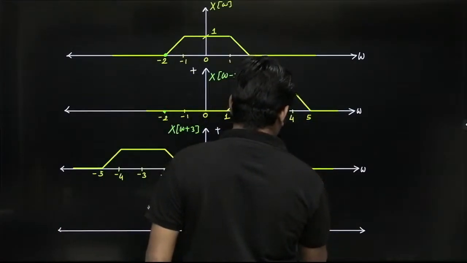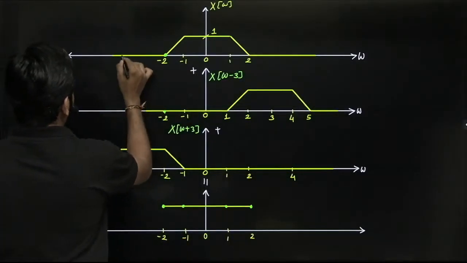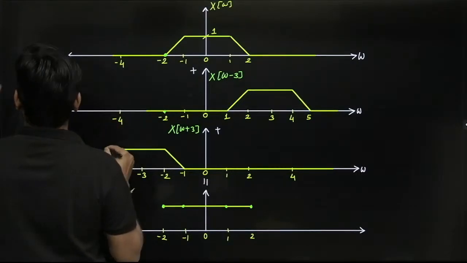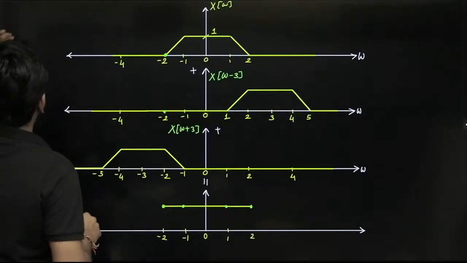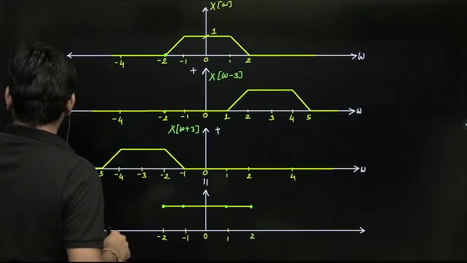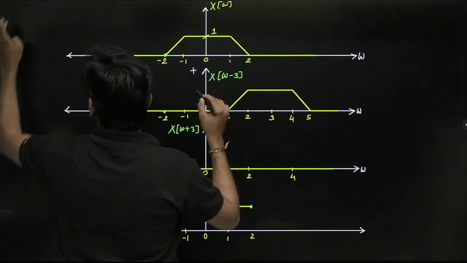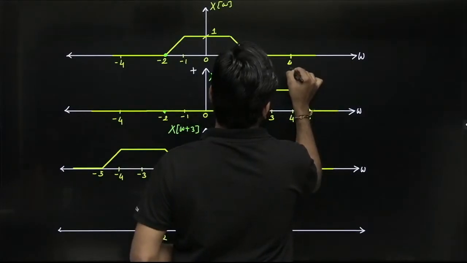Between 2 to 4 again, and between -2 to -4. So you can see, guys, here this is 4.